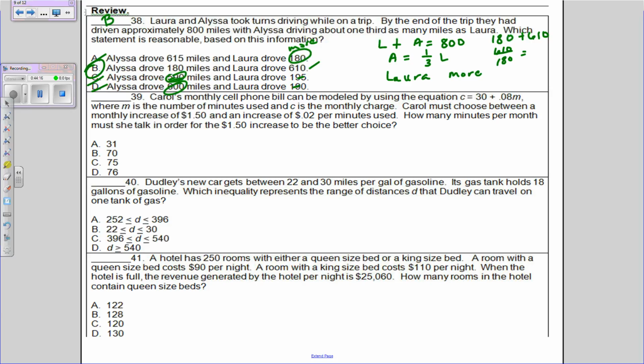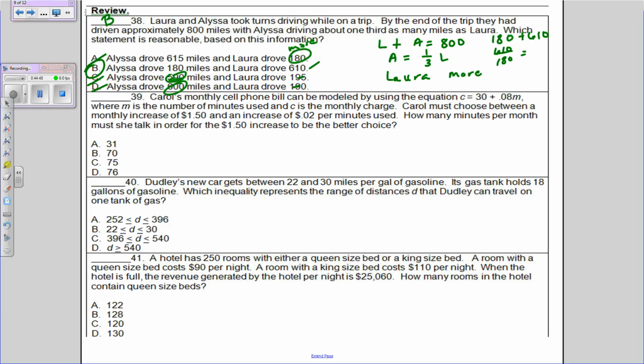Number 39, Carol's monthly phone bill can be modeled using cost equals $30, I guess, plus 8 cents a minute. Then it says Carol must choose between a monthly increase of $1.50 and an increase of 2 cents per minute used. How many minutes per month must she talk in order for the $1.50 increase to be the better choice?